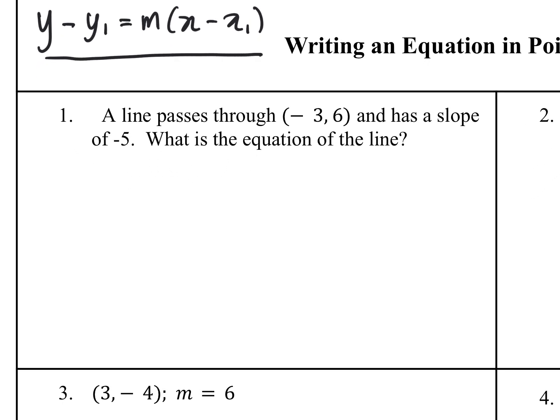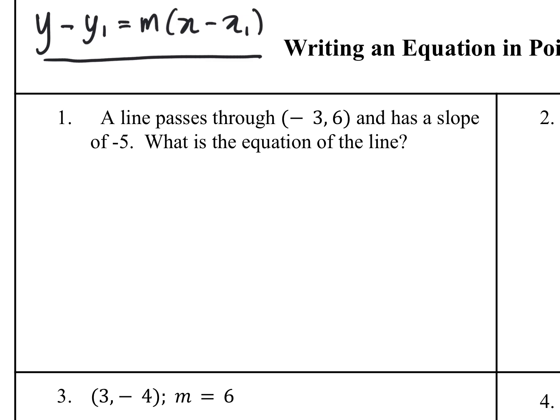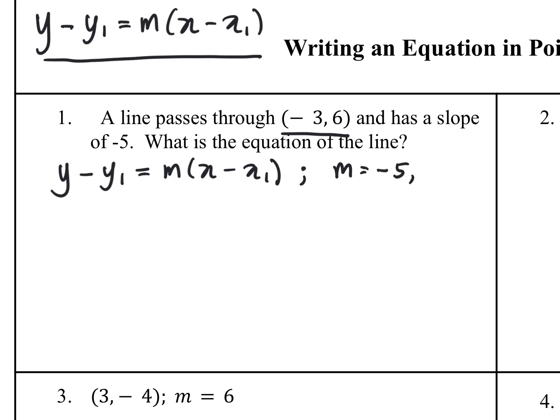Number one, a line passes through (-3, 6) and has a slope of -5. What is the equation of the line? Let me write our formula: y minus y1 is equal to m times (x minus x1). Our m is -5 and our point is (-3, 6).